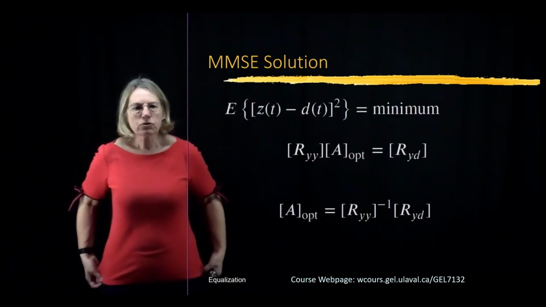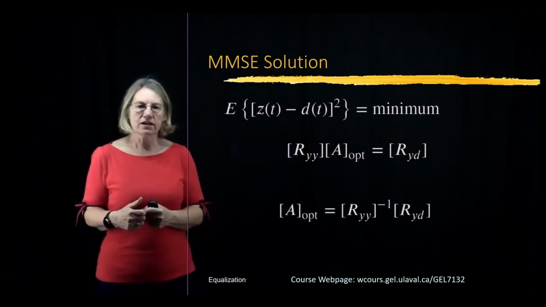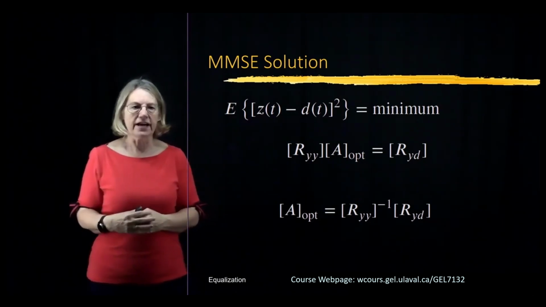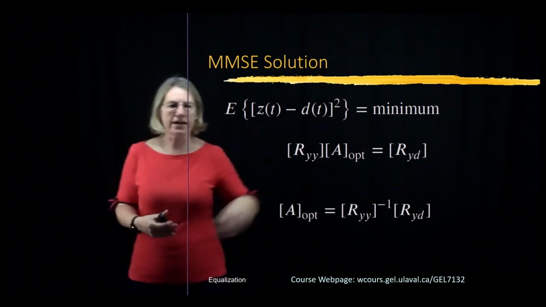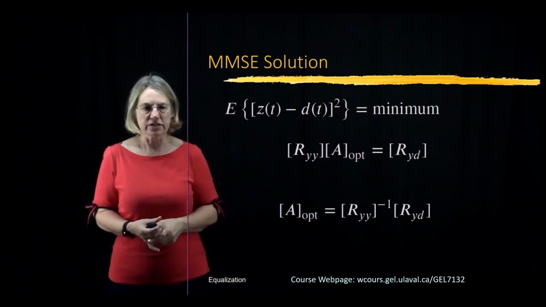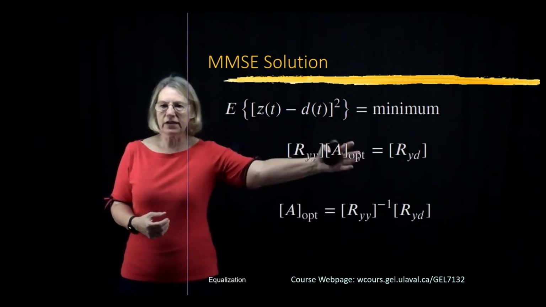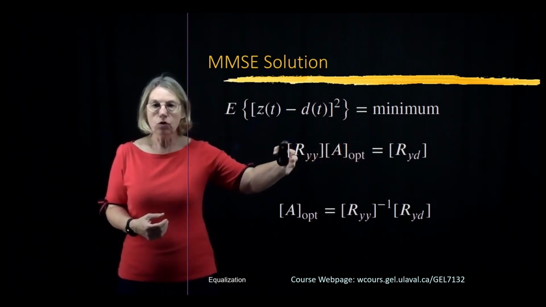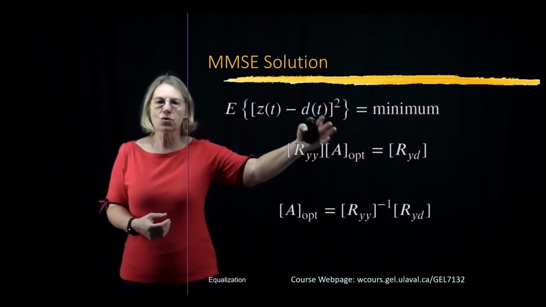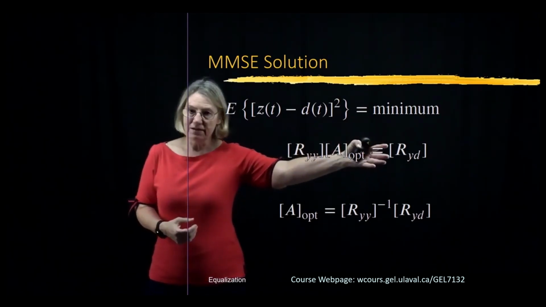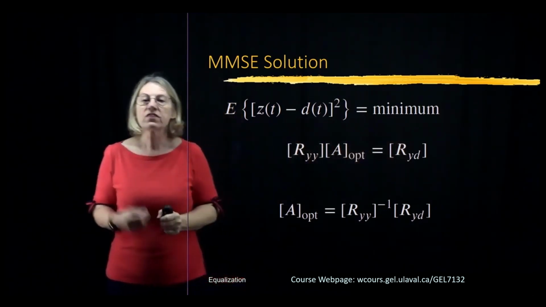Now, if I want to look at the relationship between the input and the output of the filter that I'm trying to find, I could base it on the coefficients. This is the same vector of coefficients that I defined earlier for the zero forcing, but now it's for the MMSE. I want to establish that if I take the autocorrelation and multiply by the coefficients within the filter, that should give me the correlation of the signal with the true data.